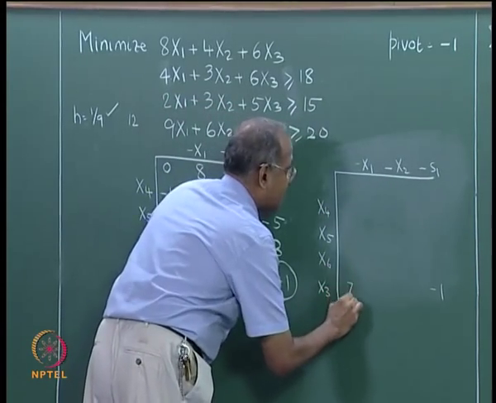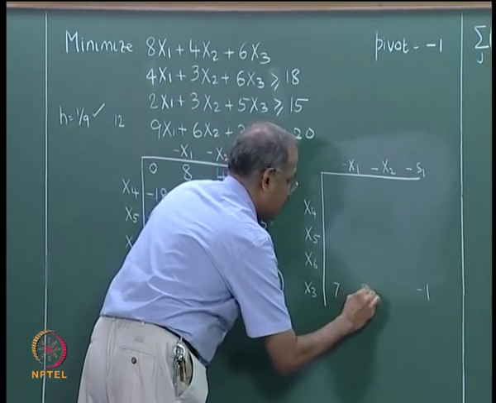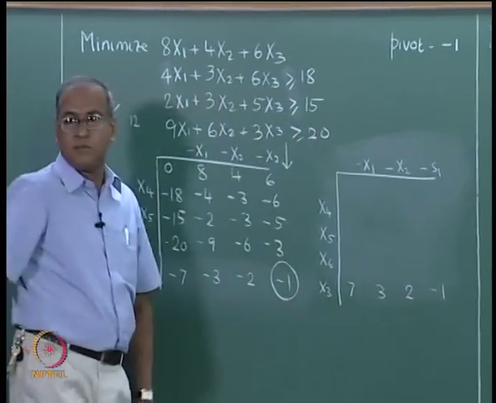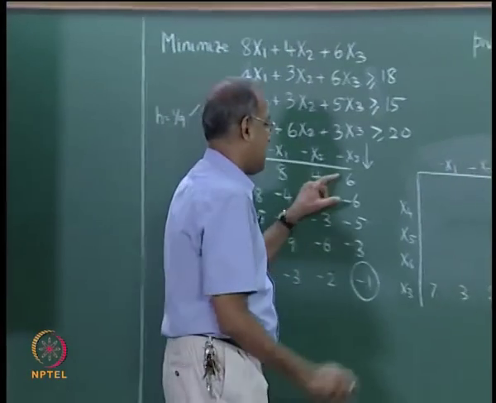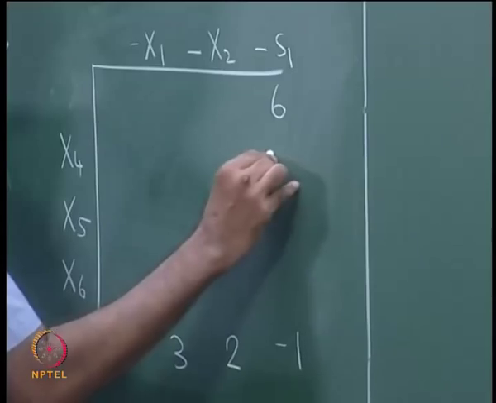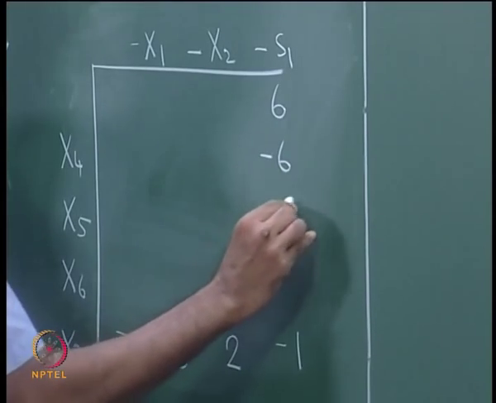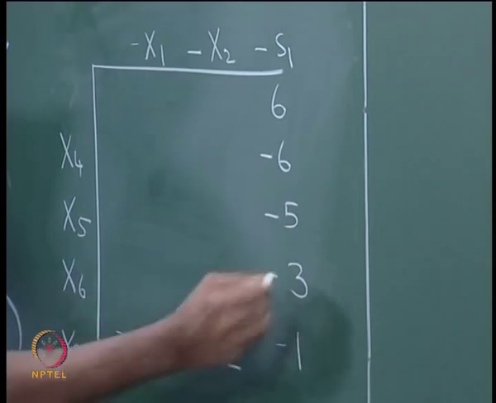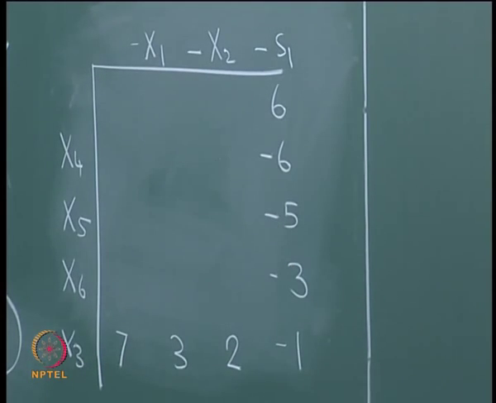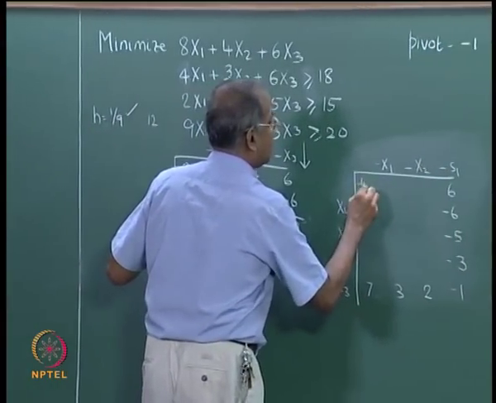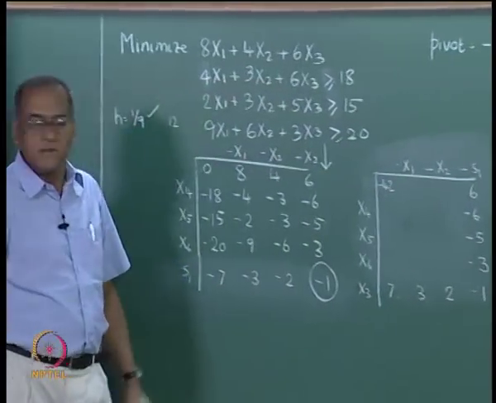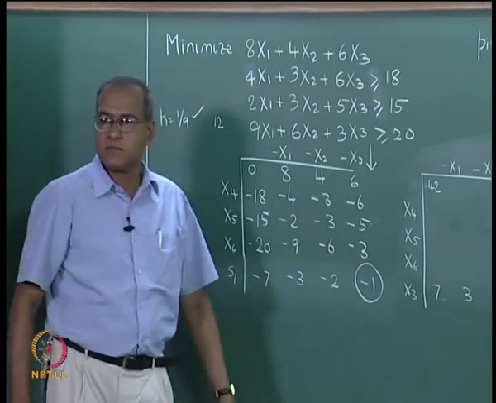So, this becomes 7, this becomes 3, this becomes 2. This is divided by the negative of the pivot. So, the same column remains 6, minus 6, minus 5 and minus 3. Now, this value will be 0 minus 6 into 7, minus 42, and I can fill the rest of them.